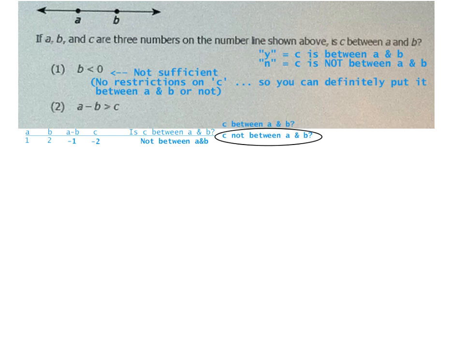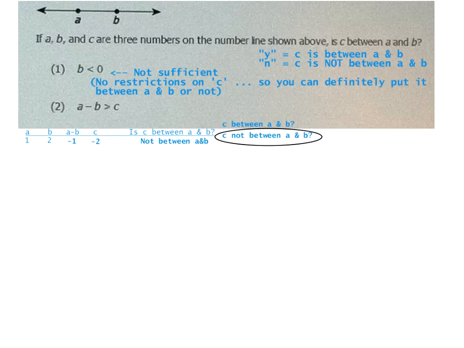Well, what you can probably tell, and if you can't tell, you can just throw positives in there and watch, is that if you have positive numbers here, then A minus B is going to be negative, and C will have to be even more negative. So 2 positive numbers isn't really going to keep doing what we want. So let's try 2 negative numbers.